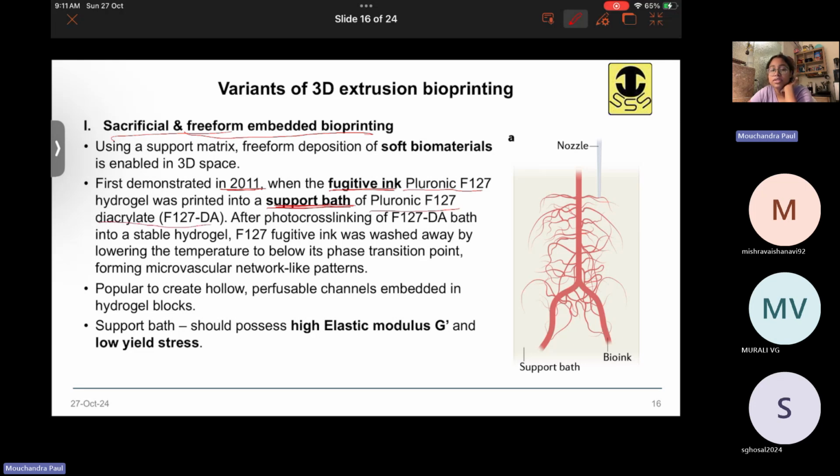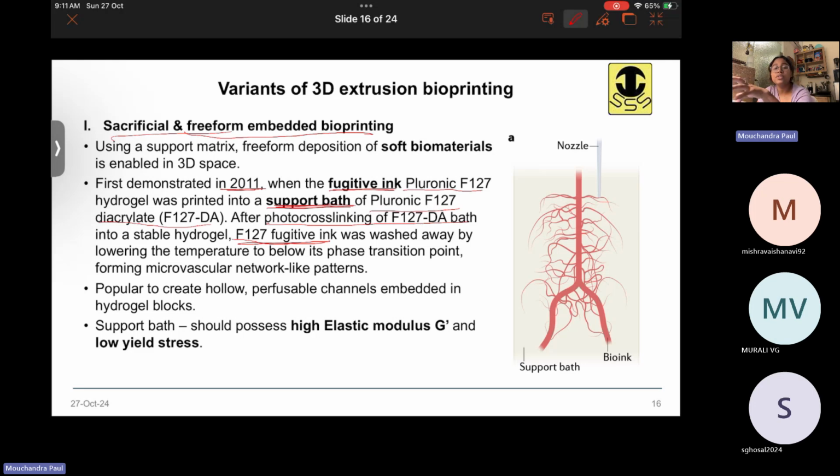This is modified, meaning it has a diacrylate group that allows chemical cross-linking in presence of light. Now, after the printing was done, the entire system was photo cross-linked. Okay, so photo cross-linking allowed what? The chemical bond formation in the support bath. After they had done the chemical cross-linking, they simply washed away the fugitive ink F127.